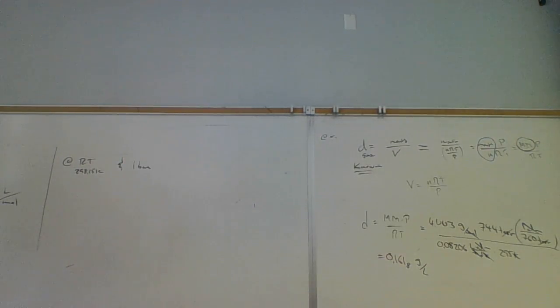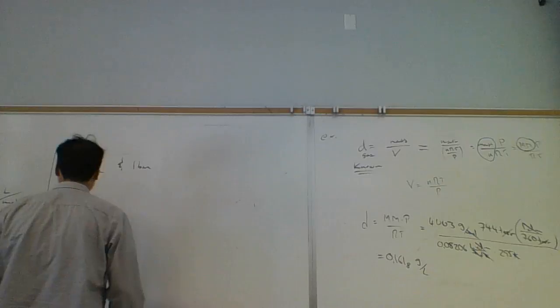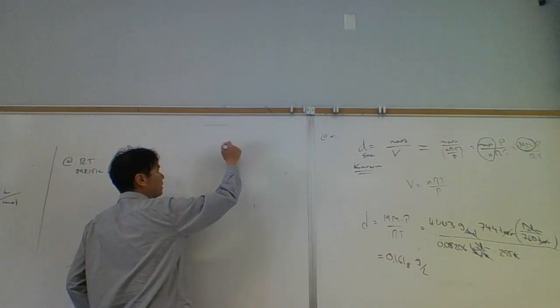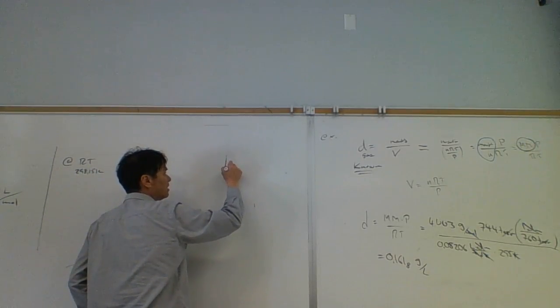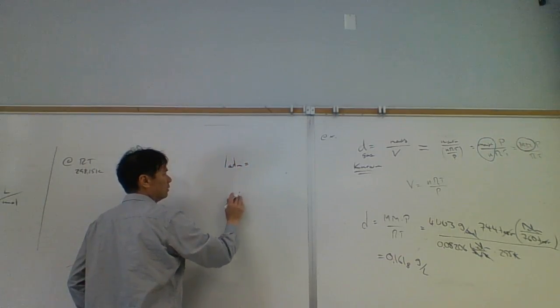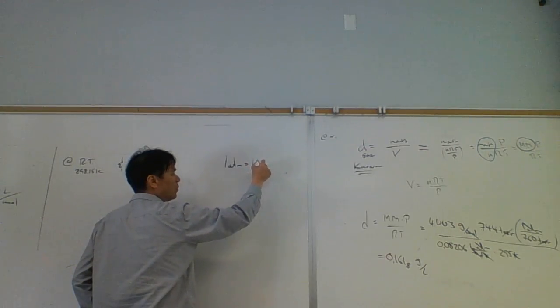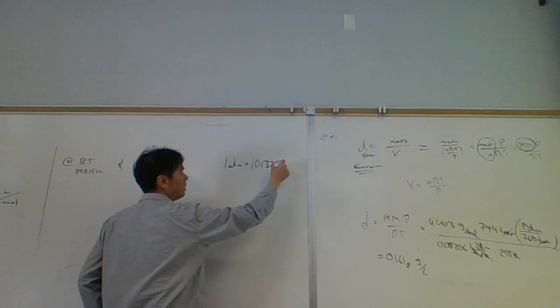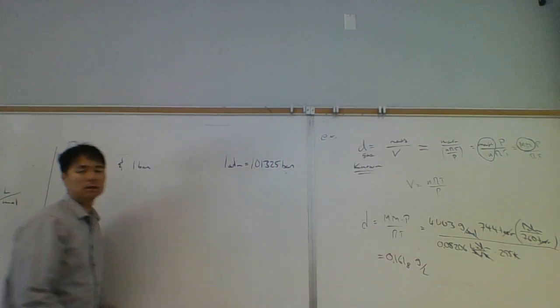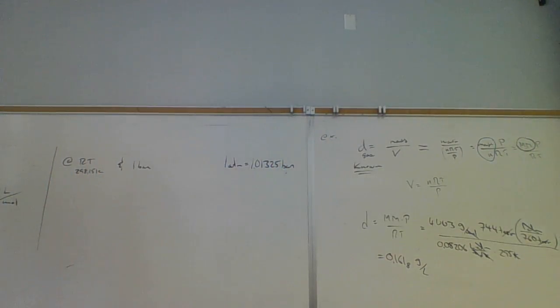Well, we need the conversion factor for that, so let's do that over here, as an aside. It turns out that 1 atmosphere is equal to 1.01325 bar. This conversion factor comes from chapter 4.